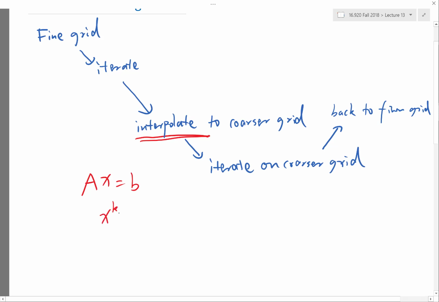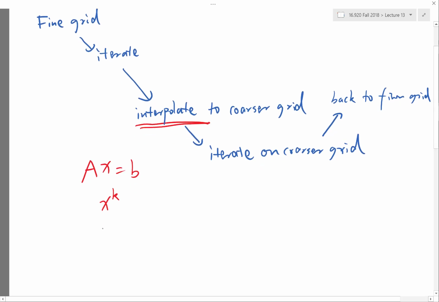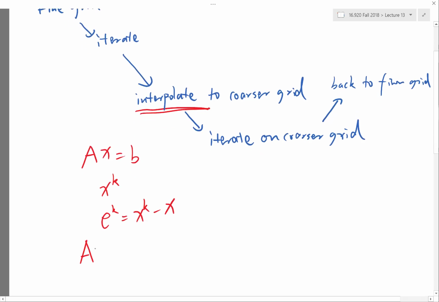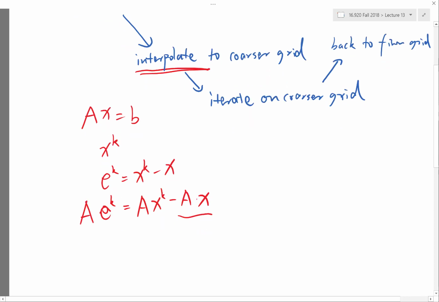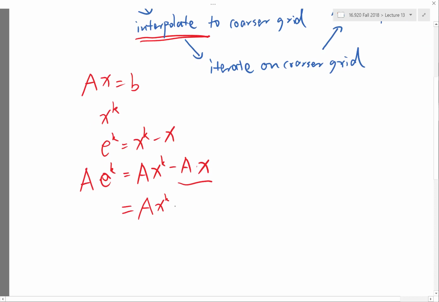Currently we have an xk, and the solution error ek is xk minus x. So A times ek is A times xk minus A times x. Although we don't know the true solution, we know perfectly what A times x is: that's my b. So A times ek is A times xk, which we already evaluate during the iteration process, minus b.